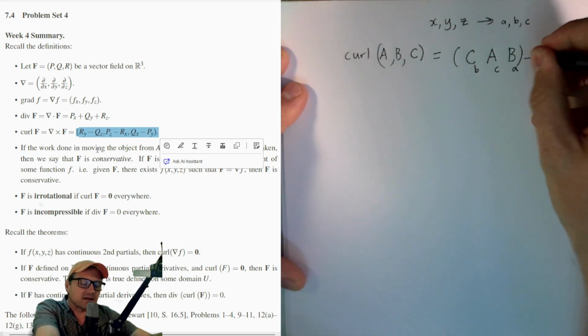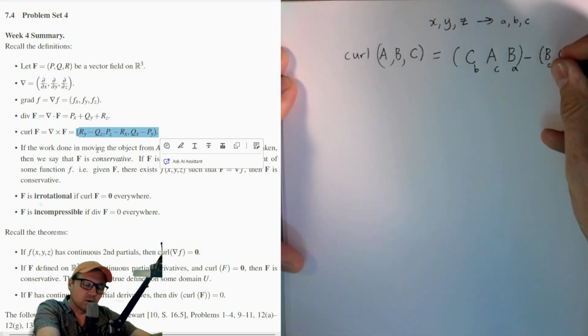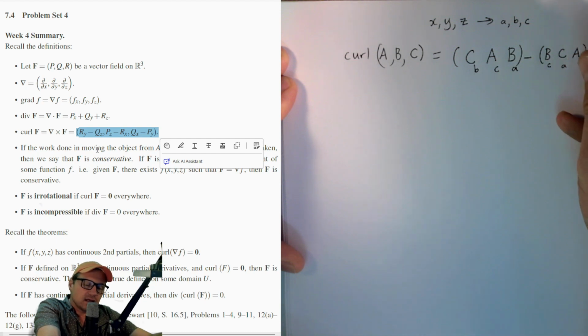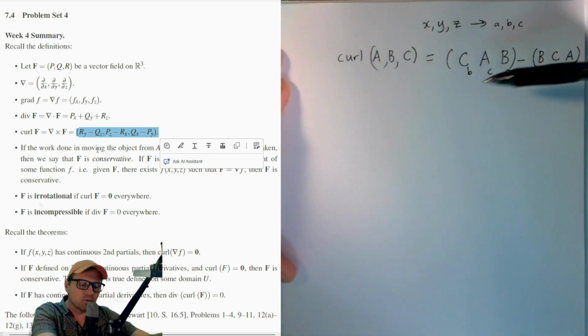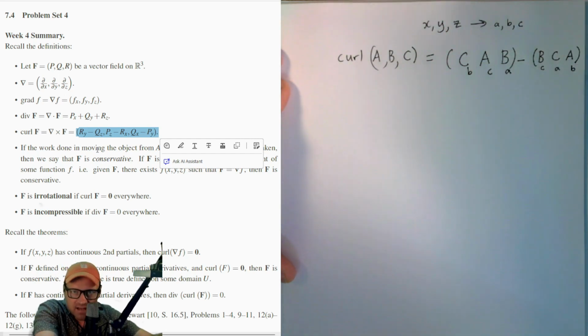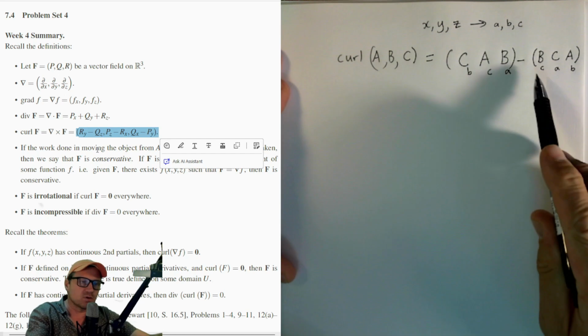Okay, subtract. Now we write these letters the other way, B, C, and A, differentiated with respect to lowercase c, lowercase a, and lowercase b. So that's if you like acronyms. If you have to remember this in order to be fast on an exam, for example, but you don't have a formula sheet, this would be a good way to do that.